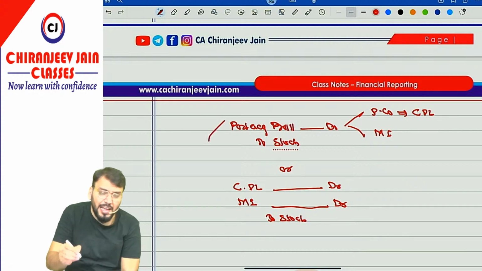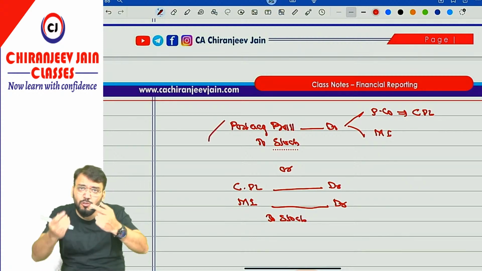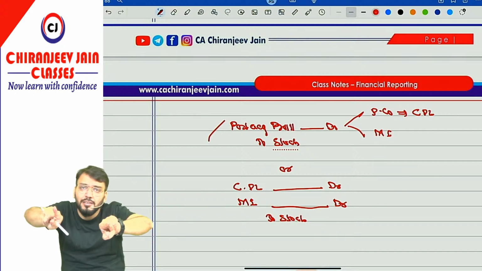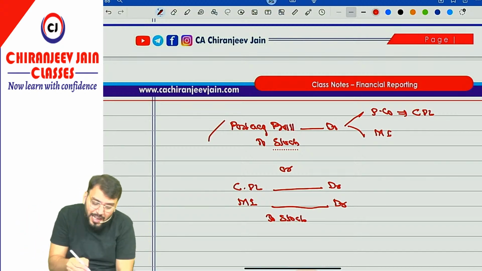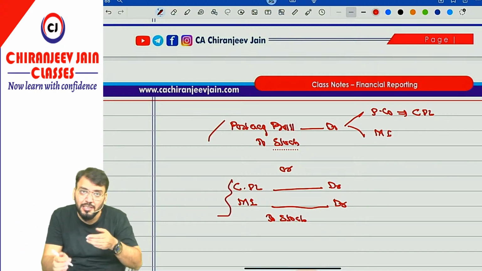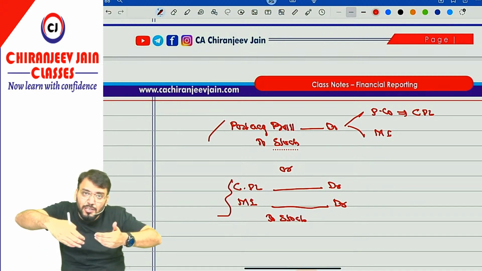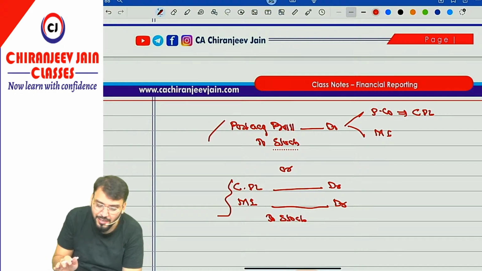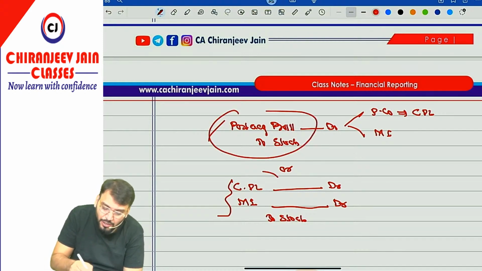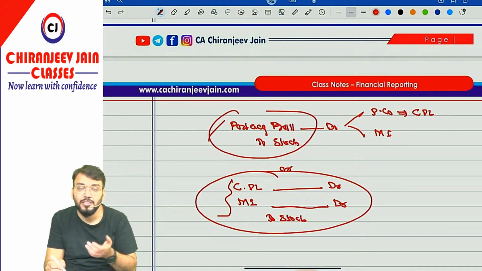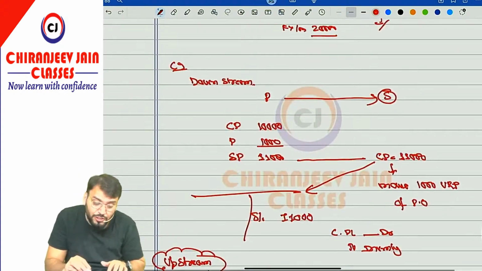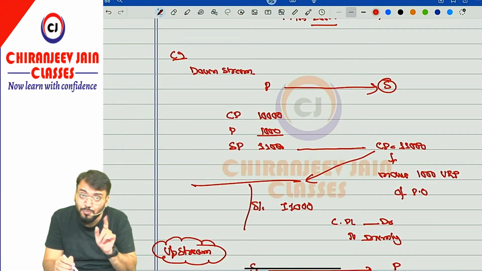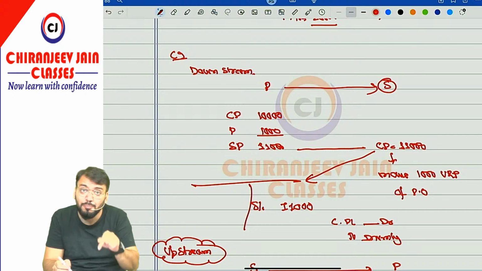Sometimes you can directly reduce from post acquisition profit, which will ultimately be allocated to parent company and minority interest. Or you can directly allocate in the working note to consolidated PL and minority interest. That direct adjustment you can do. Both are correct. Either you can do this journal entry or that journal entry, your choice. But whenever it is a downstream transaction, don't reduce post acquisition profit, because this is the profit of the parent company included in the stock of the subsidiary company.